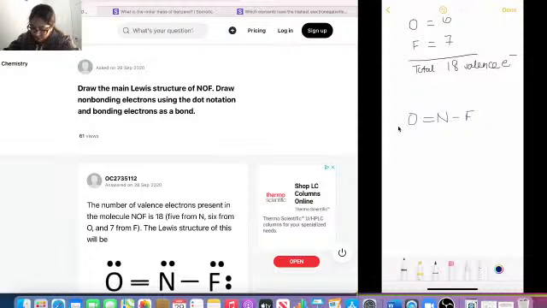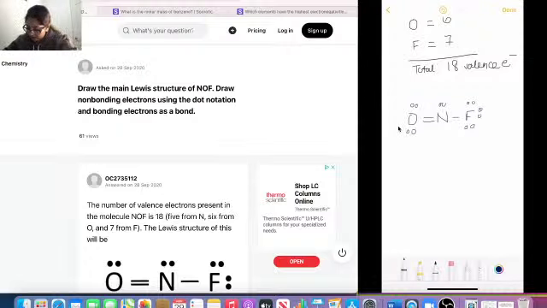Since fluorine has 7 valence electrons, it only really needs 1 electron, not 2, so it could only form 1 single bond. And so you have 6 valence electrons left. You have 2 on the nitrogen and you have 2 on the oxygen here.